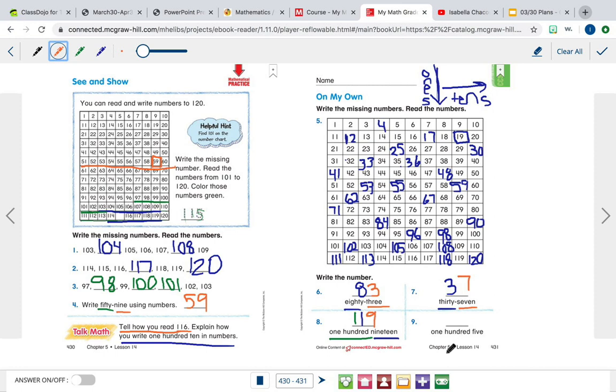Okay, and then let's look at this number here. We know that 100 is going to be right here. And it says 5. So which one is 105, my friends? Is it this one? Or will 105 look like, ooh, let's erase this.